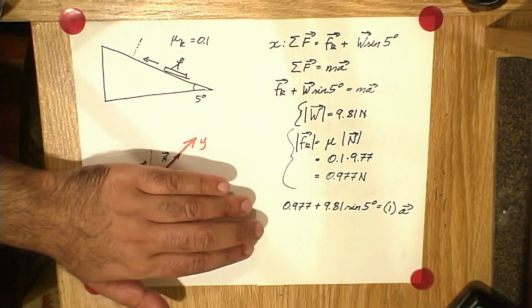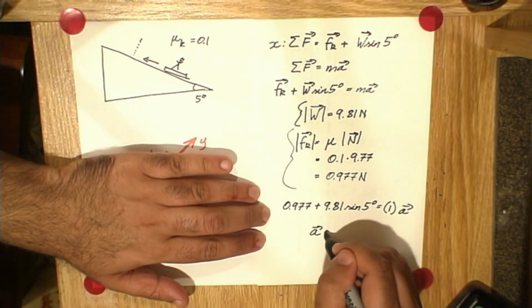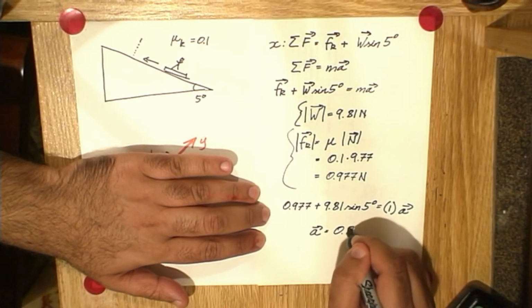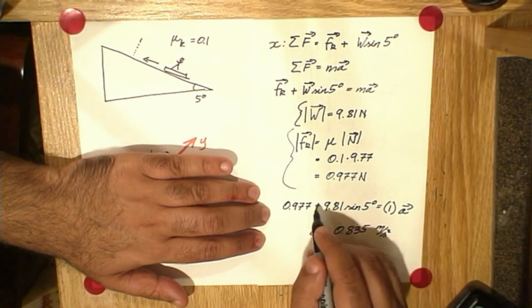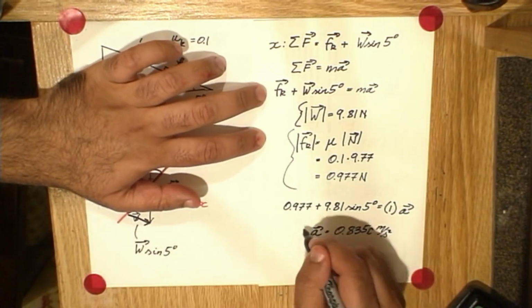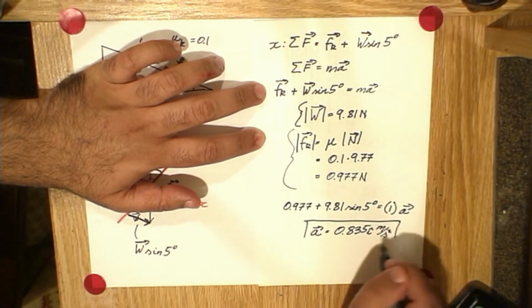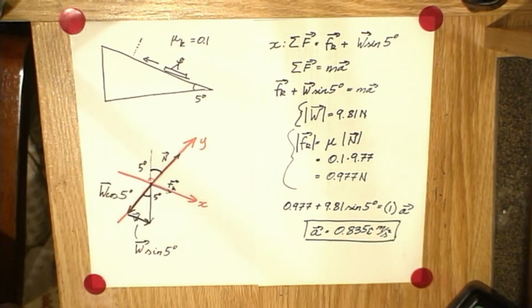So that means that when all of the dust clears, we end up with an acceleration of 0.835 meters per second squared. And this would be pointed down the ramp, which we said was the positive direction for x. So that is the acceleration of our snowboarder down the ramp.